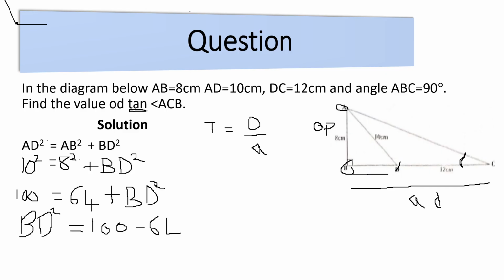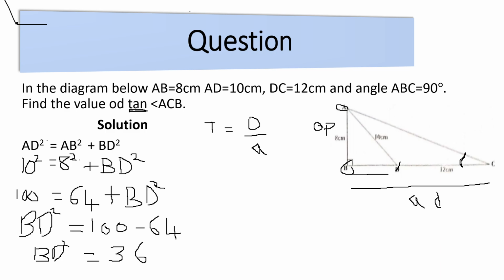If you move 64 to the other side, it will be 100 minus 64, so BD squared is equal to 36.